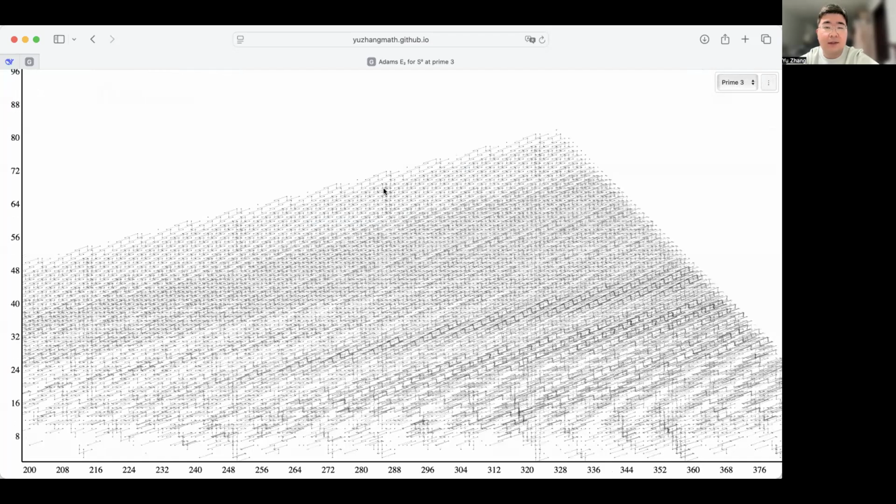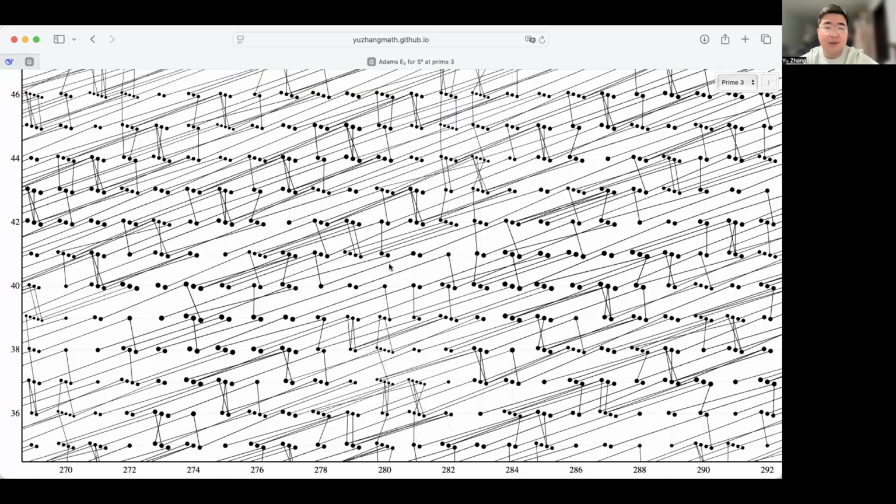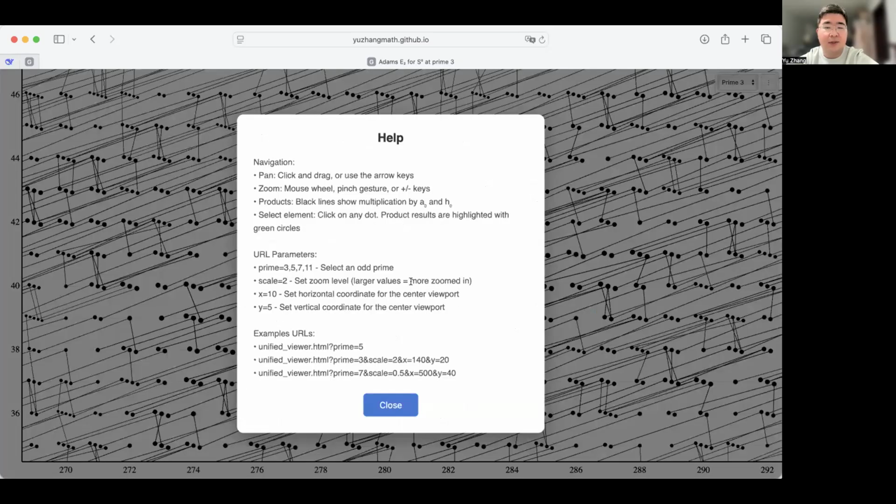And also there's a convenient method to navigate to a certain point. You can right-click, get help. You can use the URL parameter. Suppose you are interested in a certain degree. For example, if you are interested in prime p equals 3, the stem is 140 and the filtration is 20, you can go to that degree and zoom in by using this URL parameter.